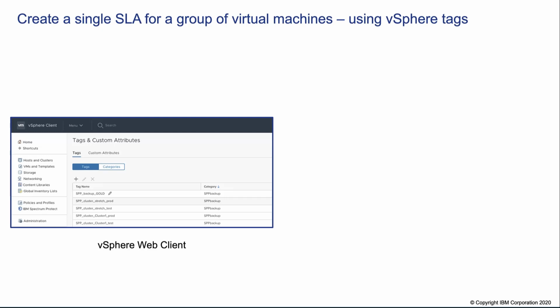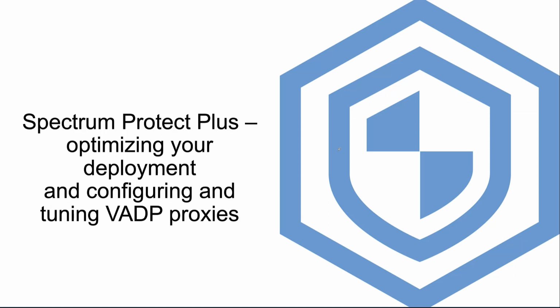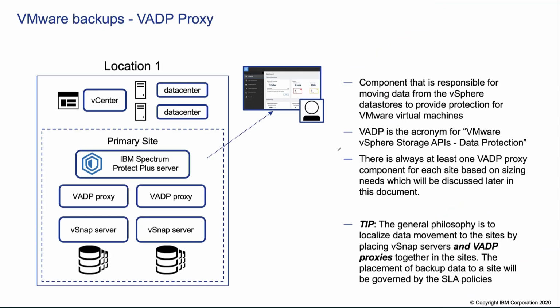And then the virtual infrastructure admin can simply assign this tag to the virtual machine that they want to protect through the vSphere web client. And so we can go in and select this and select an SLA policy as we did in the last example. So that's tags. So let's move now into optimizing the deployment and configuration for the VADP proxies.